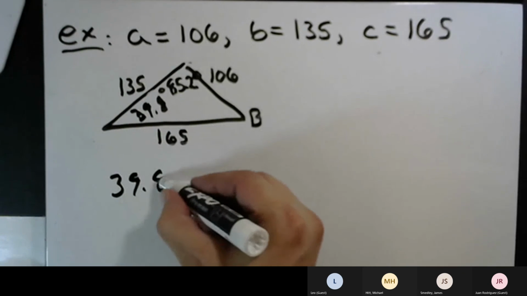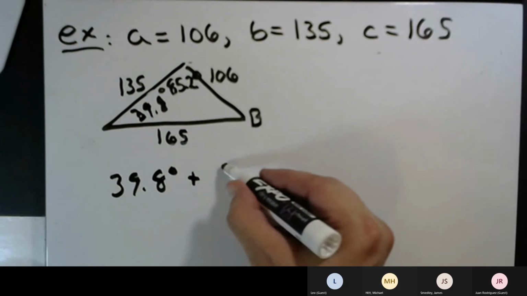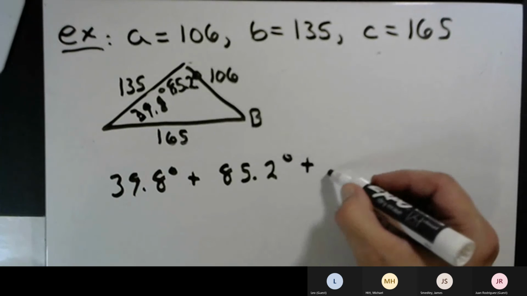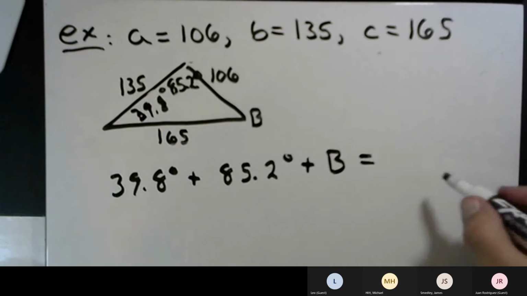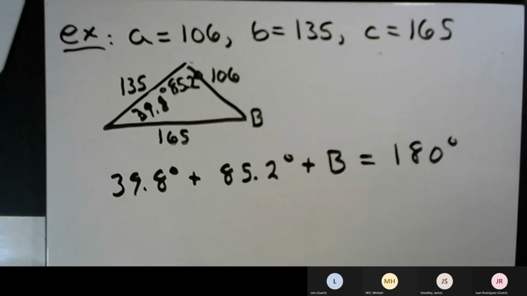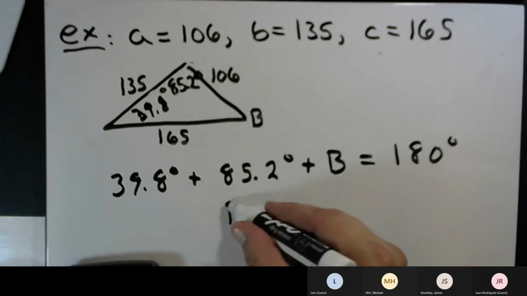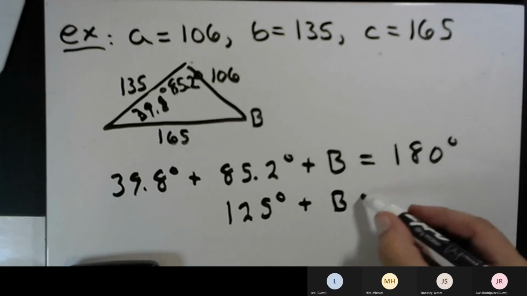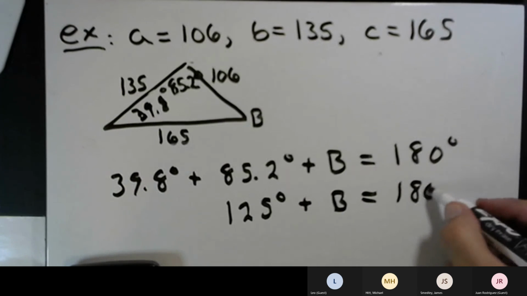So 39.8 degrees plus 85.2 degrees plus B is equal to 180 degrees. 39.8 plus 85.2, 125 degrees plus B equals 180 degrees.